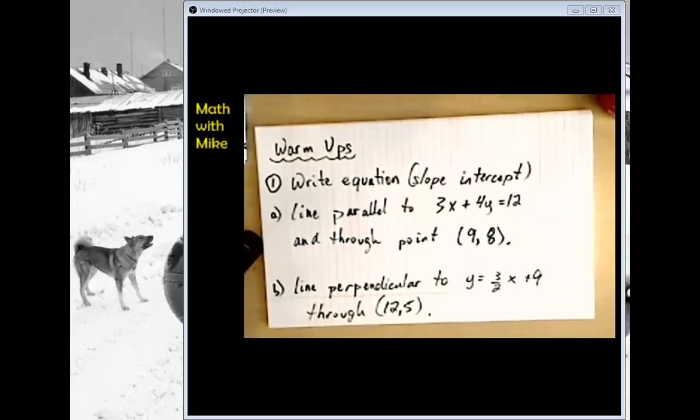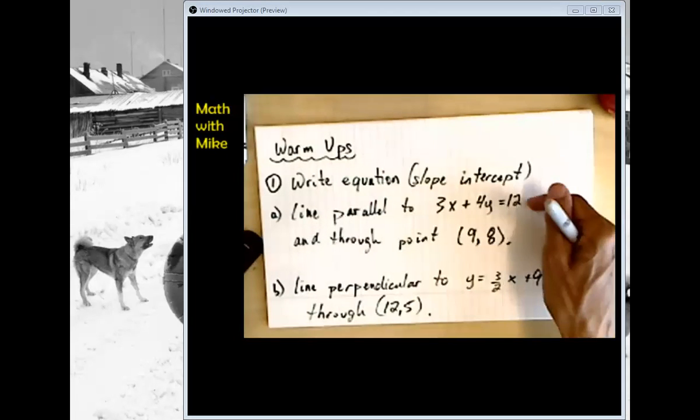So what I'll do is take the answers. I'll get your help for number 1A here.